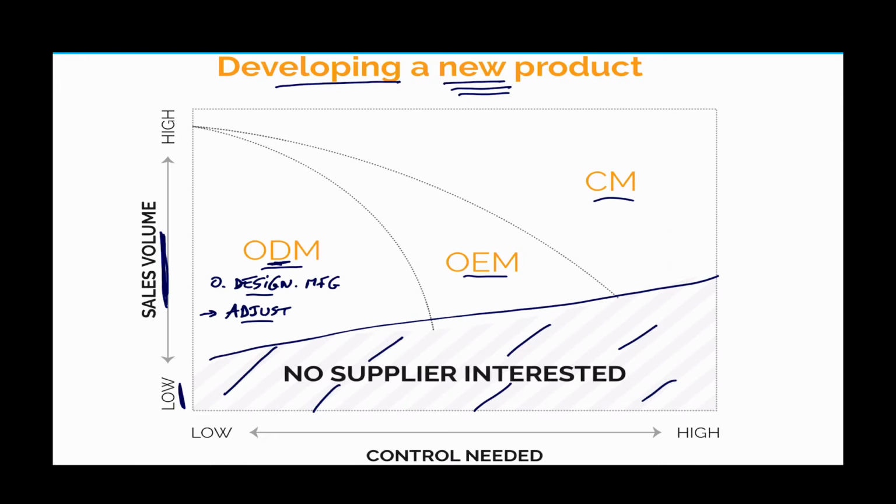All right, now as you look at this axis here, the x-axis, and you go up in the control you need, you're actually going to move out of ODM. Why is that? Because you will never own the intellectual property of this product, because they just adjusted their own product.